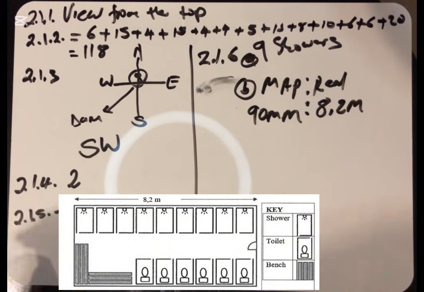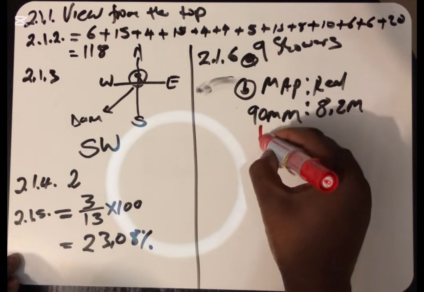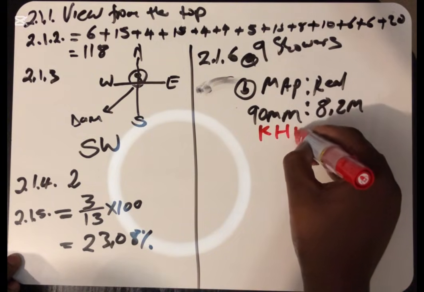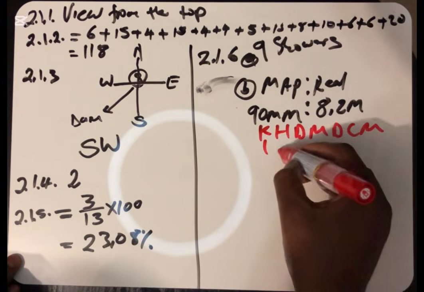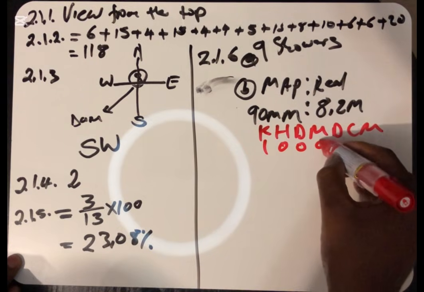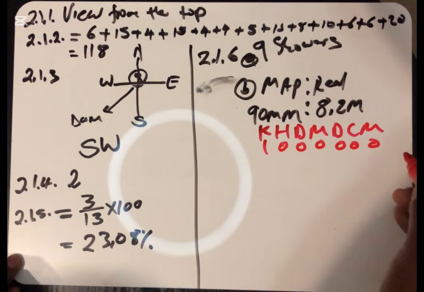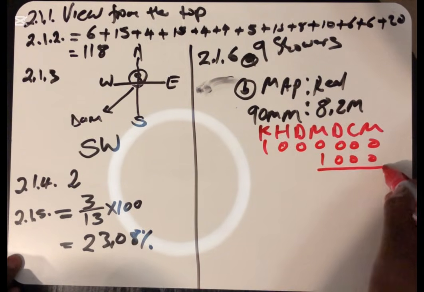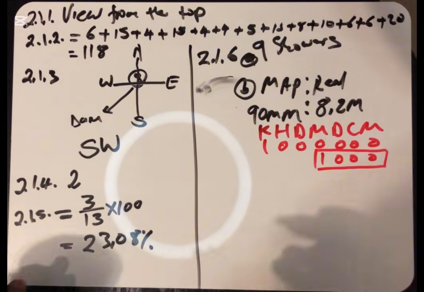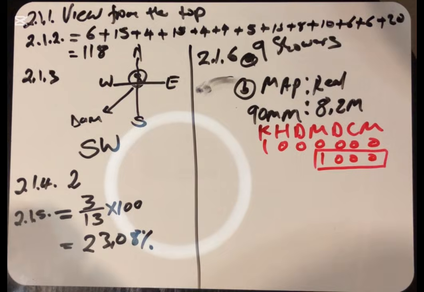We go back to King Henry died miserably drinking chocolate milk, to find the converting factor. We can see that the converting factor between meters and millimeters is 1000.